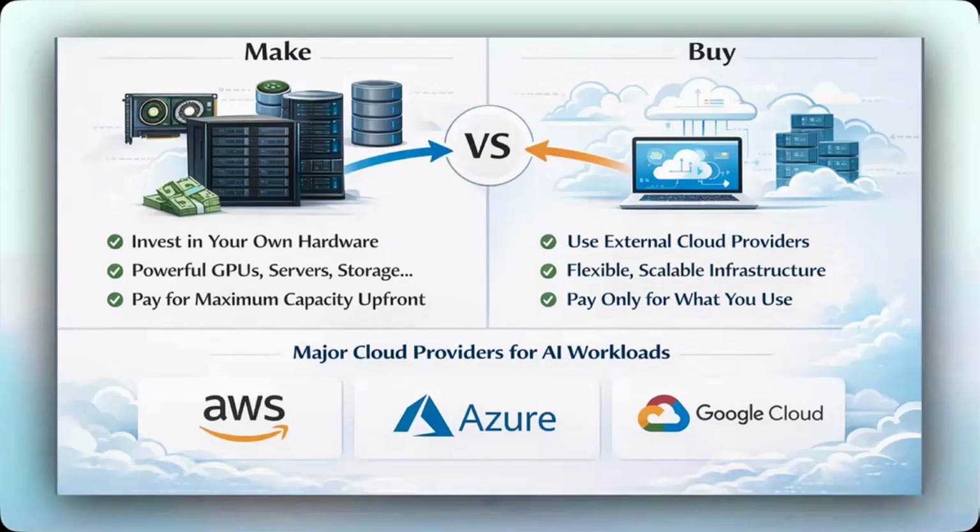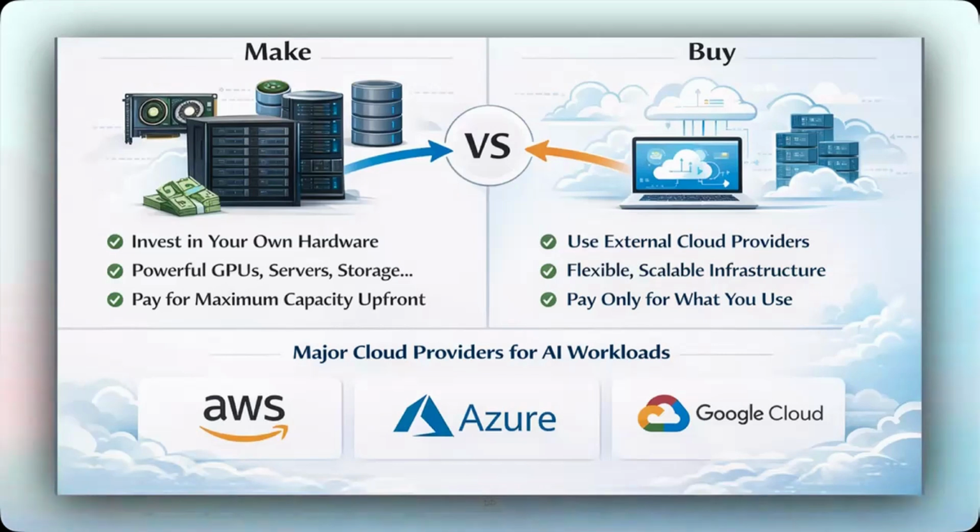So if you're running a business, this essentially becomes a classic make versus buy decision. If you choose the make route, you will need to invest in your own hardware, powerful GPUs, servers, and storage, and make sure it is capable of handling peak workloads. The challenge here is that you are paying for maximum capacity upfront, even though you might not use it fully at the time.